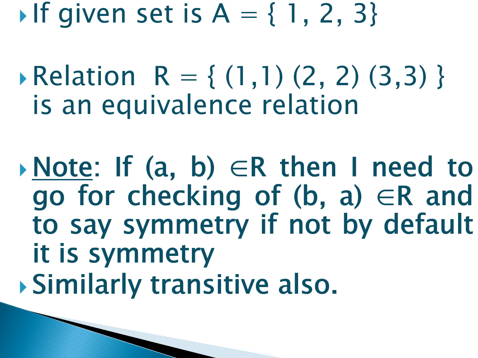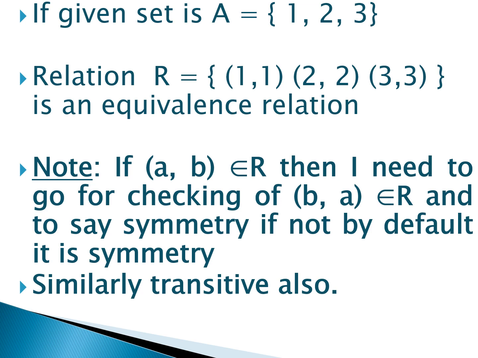Now for transitive, I need (a, b) and (b, c). Now (1, 2), (2, 3) or (1, 3), (3, 2) is not there. Therefore I need not go for checking (1, 3) or (1, 2), but straight away I can say it is transitive.